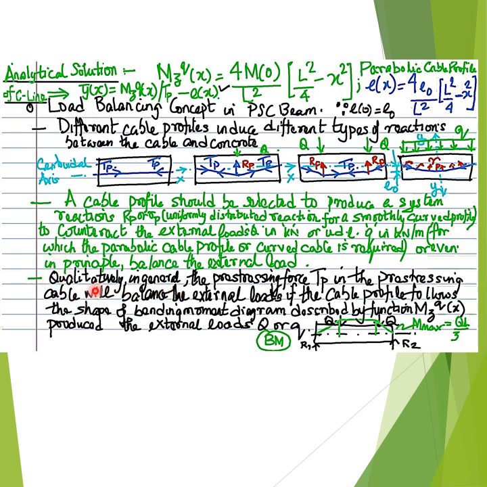Further, in general, the pre-stressing force capital T subscript P in the pre-stressing cable or tendon will balance the external loads if the cable profile follows the shape of the bending moment diagram that is described by the function m subscript z superscript q produced by the external loads q, as intuitively interpreted from these figures.